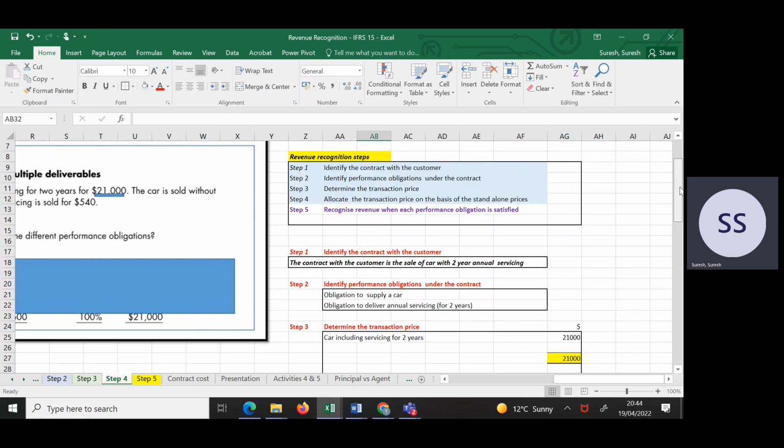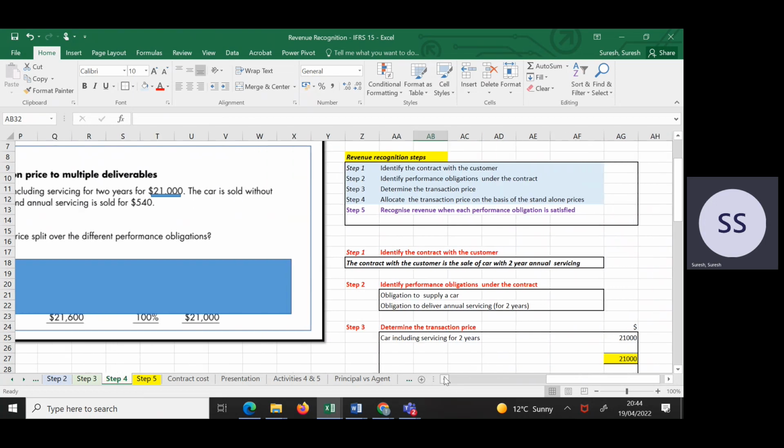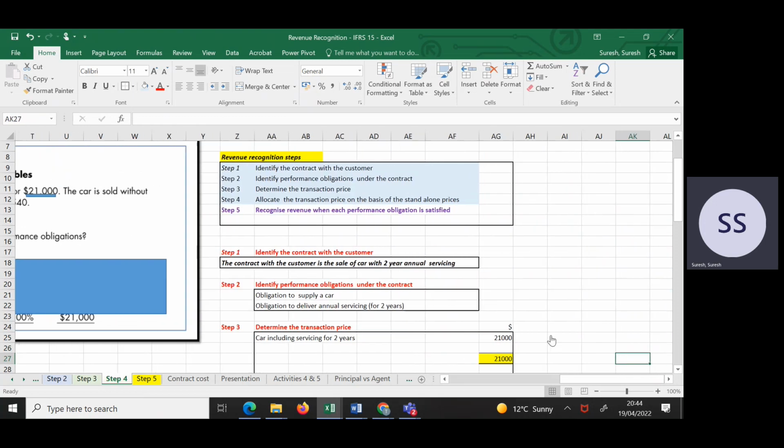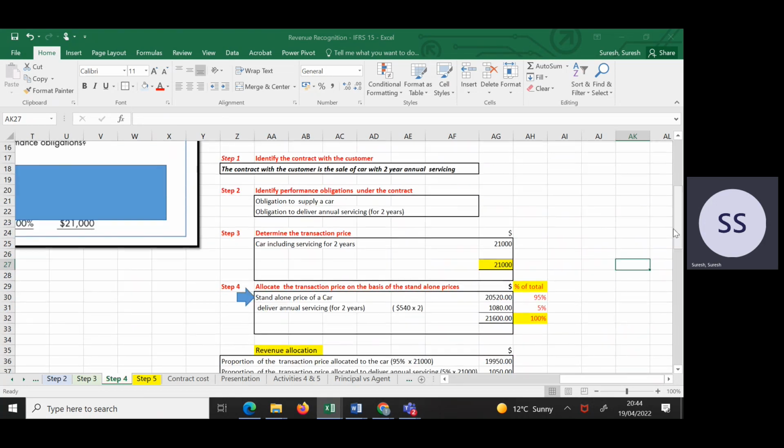If we go back to the question requirement, they have told us that if you buy only the car, it will cost you 20,520. So I have the standalone price of the car as 20,520.